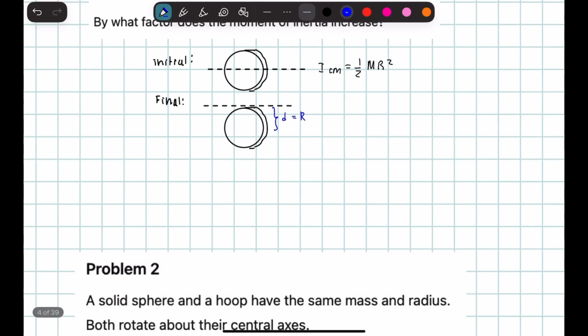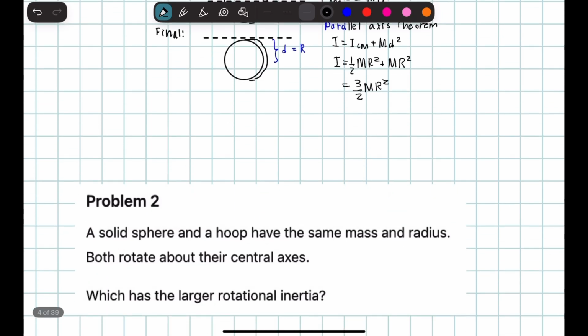And now we have to apply the parallel axis theorem. I is equal to I of center of mass plus md squared. So I is just going to equal 1/2 mr squared plus mr squared. Together, this is going to equal 3/2 mr squared.